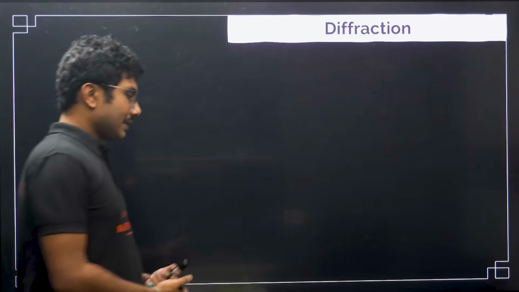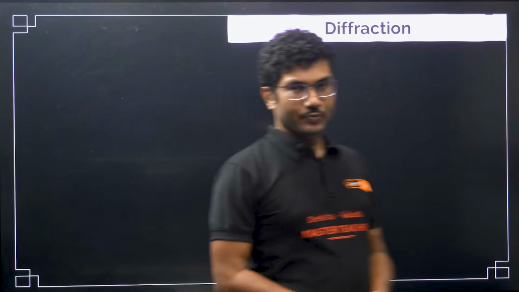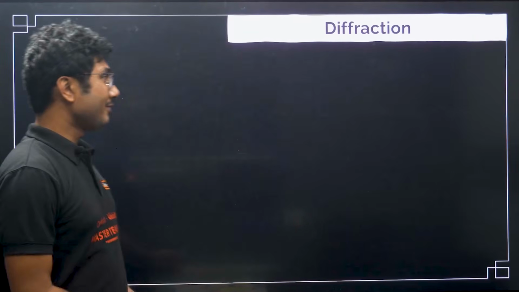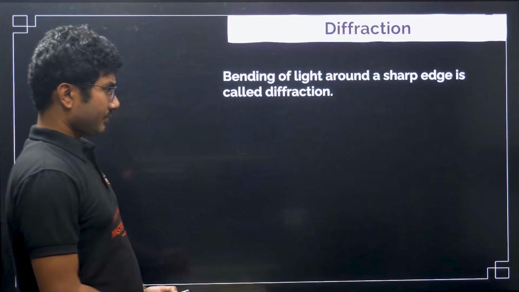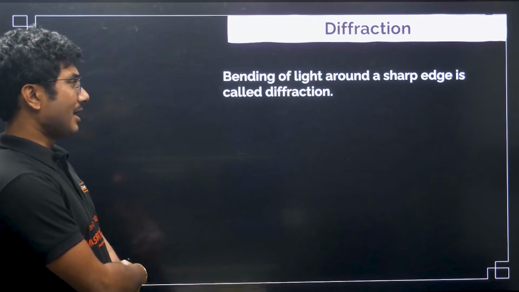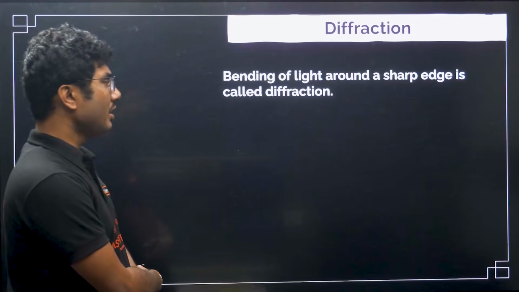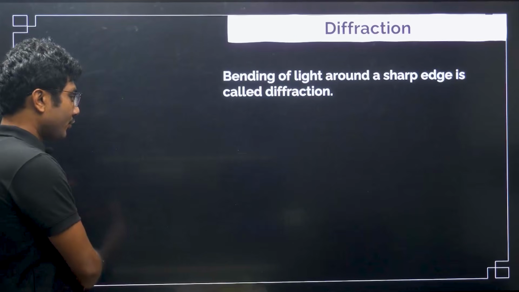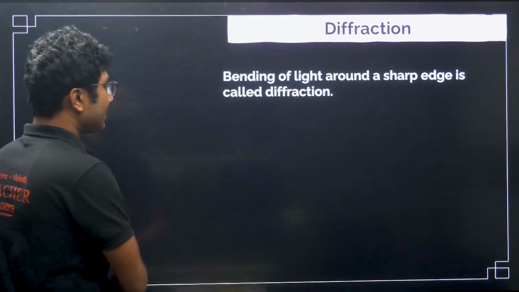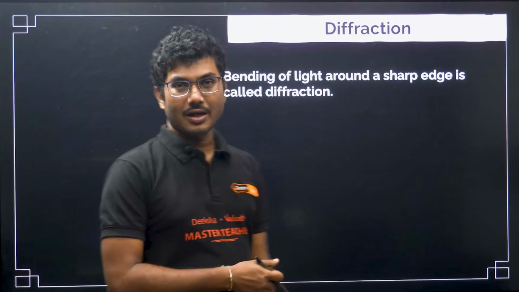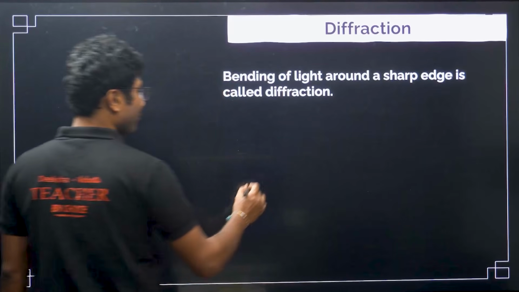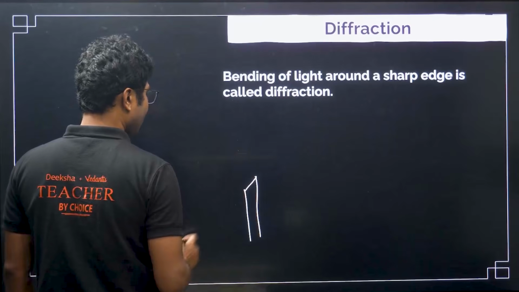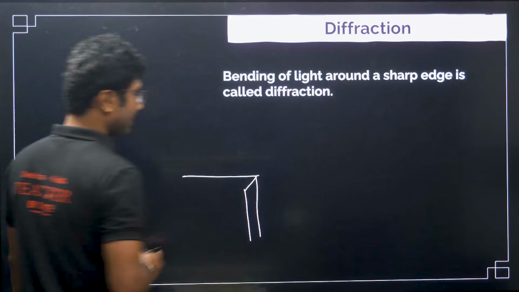Now let us discuss diffraction. Diffraction is a very interesting phenomenon. What is the meaning of that? Let us see. Bending of light around a sharp edge is called diffraction. So far, what we have discussed is that light is travelling in a straight line. Suppose we have a sharp edge and light is travelling like this.